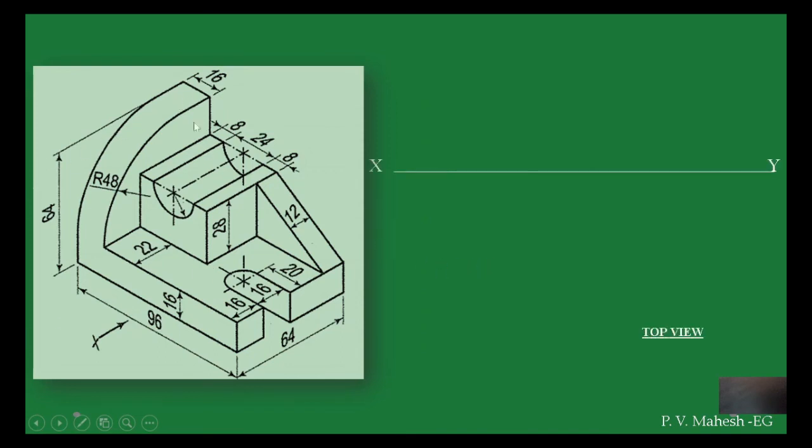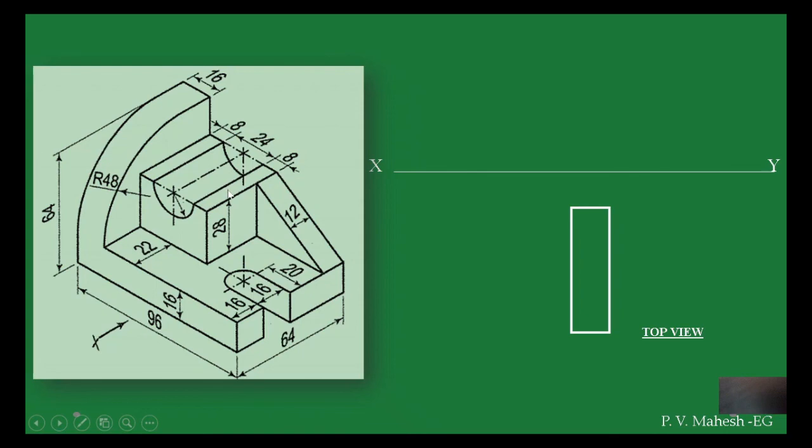So we'll see the top view. In top view, this curved line, you'll see as a straight line, parallel to the length. So this 64 length, you will see this curved line as a 64 line. So this is the rectangle shown by these curves. Now what else will we see?